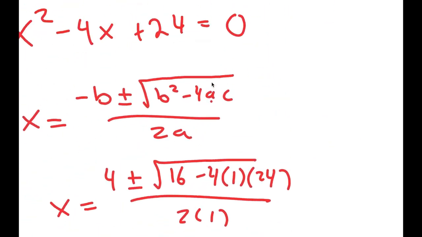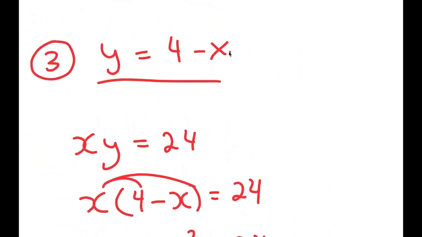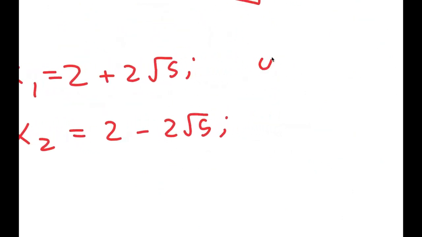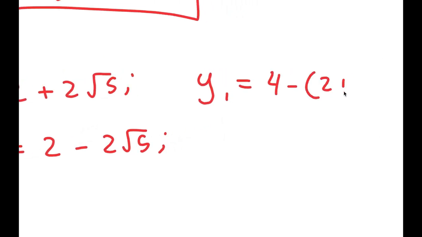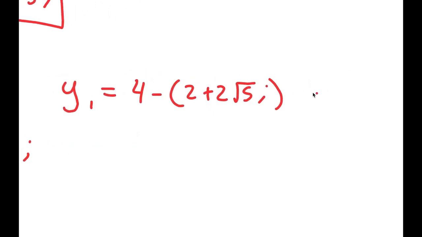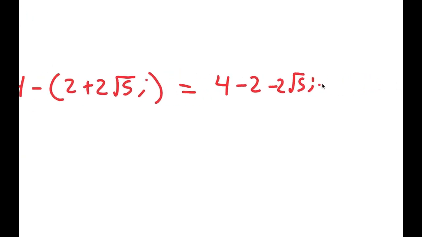So recall y is equal to 4 minus x, meaning y1 is equal to 4 minus (2 plus 2 root 5 i), which is equal to 4 minus 2 minus 2 root 5 i, which is equal to 2 minus 2 root 5 i.